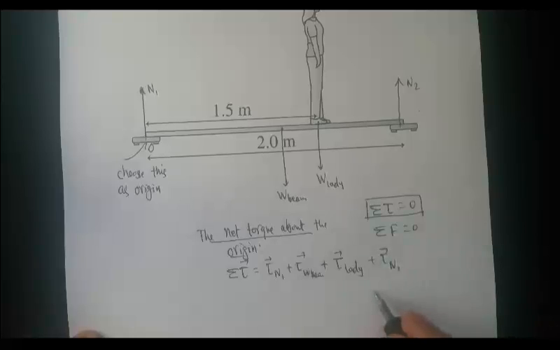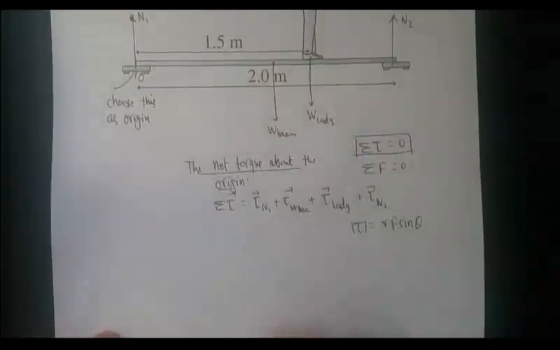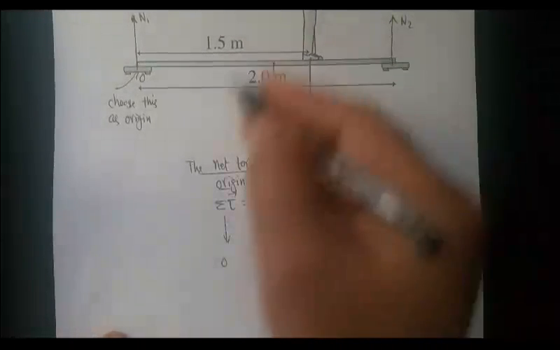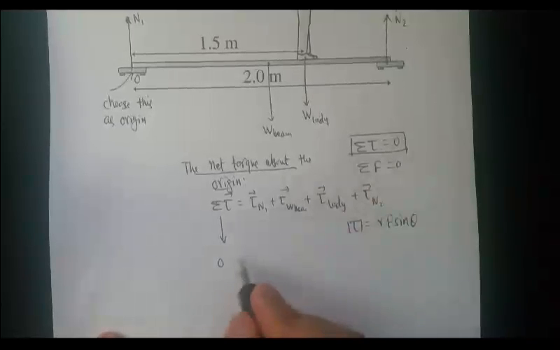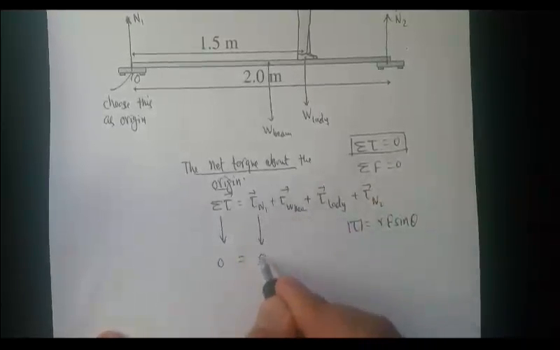And remember, our general formula for the magnitude of torque is R F sine theta, and to find the direction you use the right hand rule. And this all has to be 0, because this is in static condition, the net torque has to be 0.